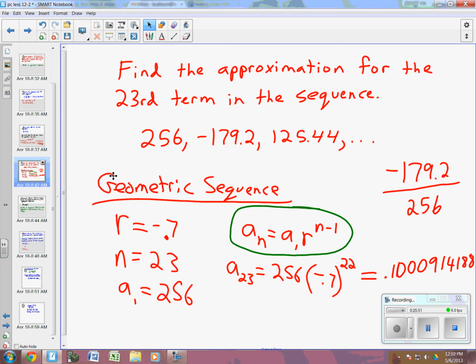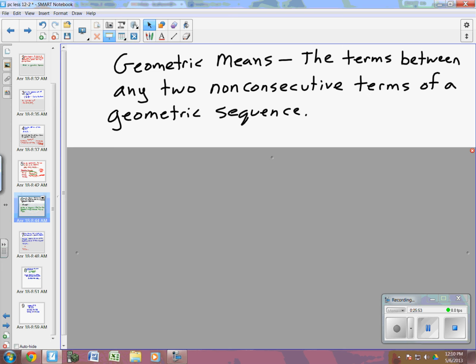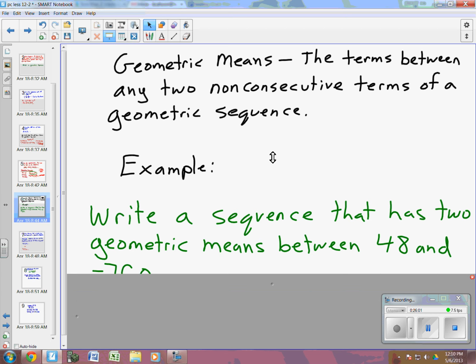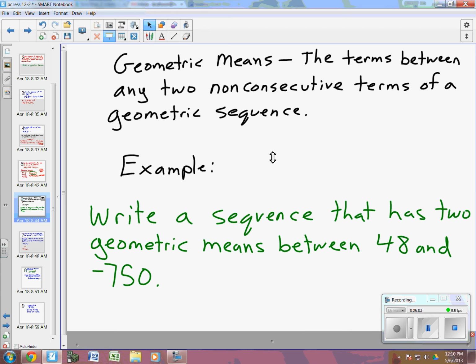Okay, next slide. Geometric means. We just did a problem where we had arithmetic means. Now we're going to do this one: the terms between any two non-consecutive terms of a geometric sequence. Write a sequence that has two geometric means between 48 and negative 750.